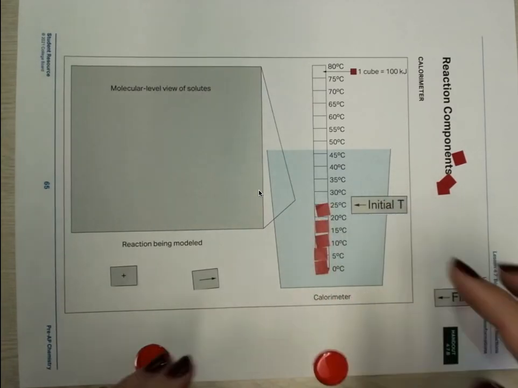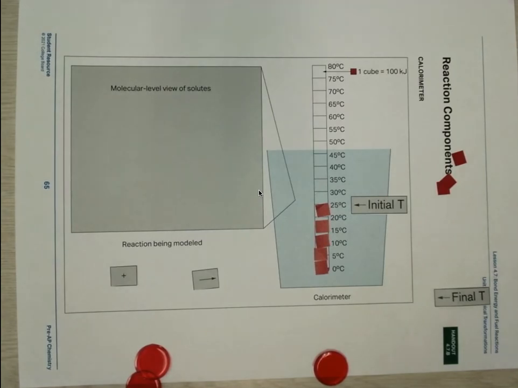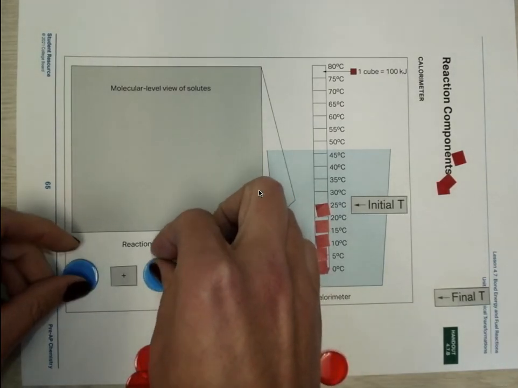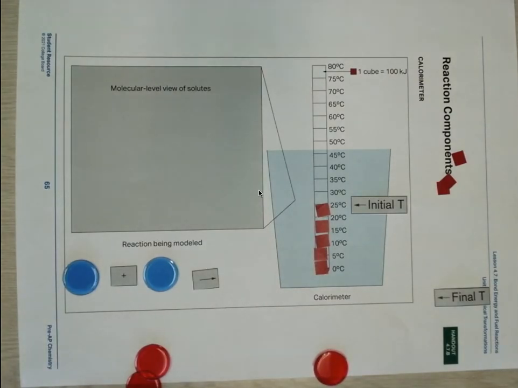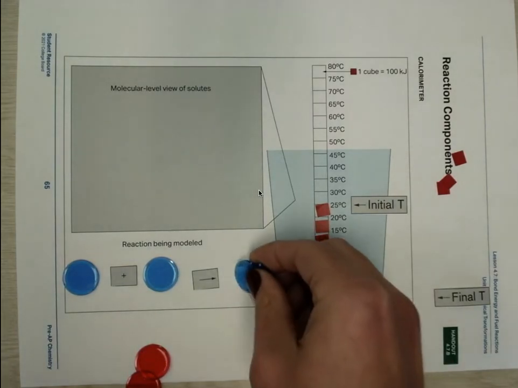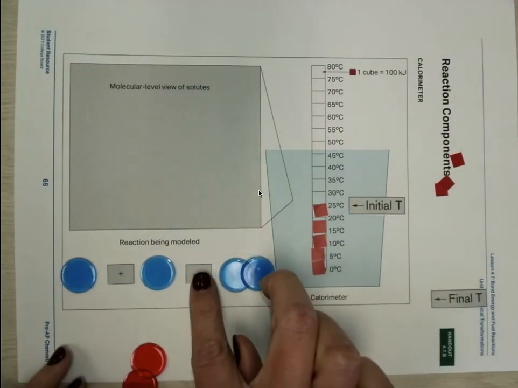That's room temperature typically. Not in my room because it's freezing. And here we're going to take the blue chips and form a blue bond. Okay, so this is bond formation, and it's going to form a diatomic molecule.